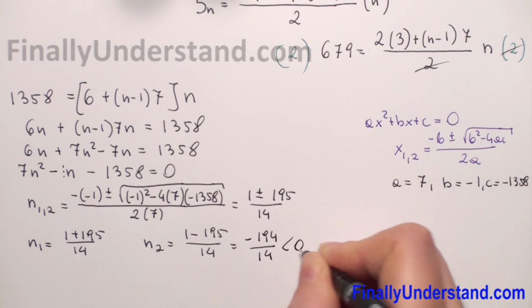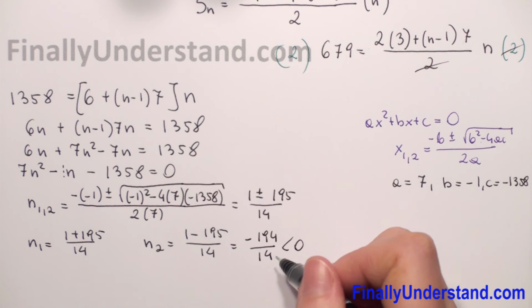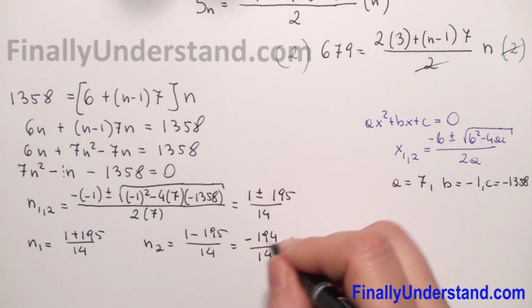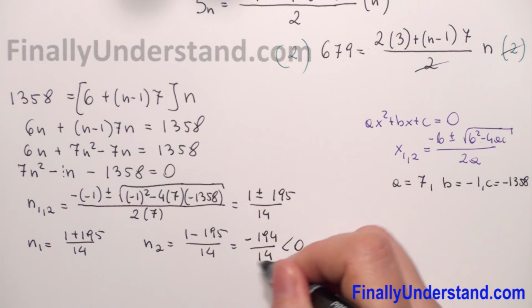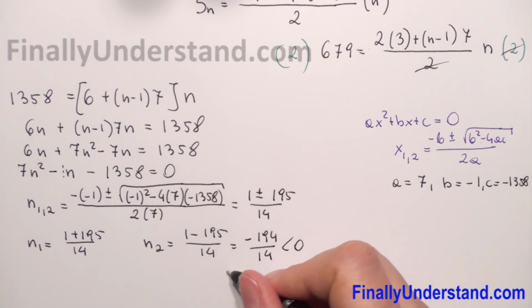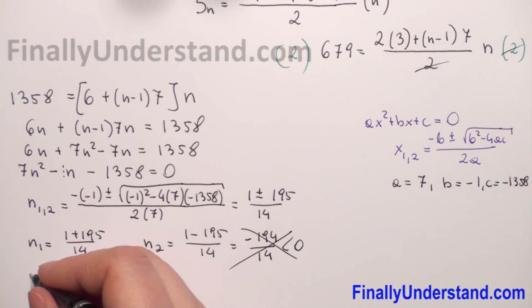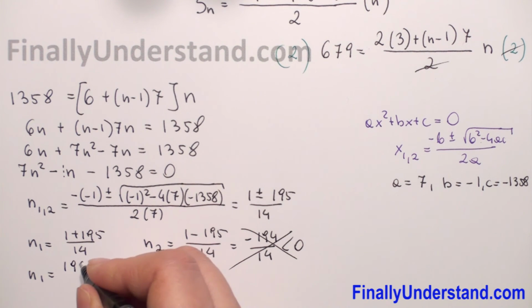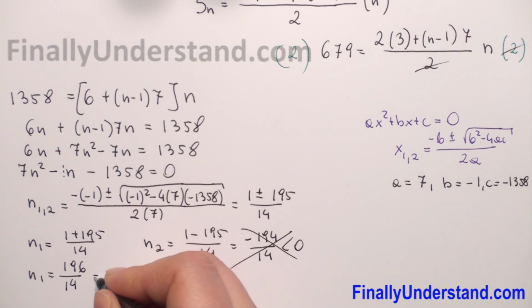This is less than 0, and n is the number of terms in our sequence, so it cannot be negative. So it is not possible for n to equal this value. So we can cross this out. We have n1 only, 1 plus 195, so it's 196 over 14, which is equal to 14. So the number of terms is 14.